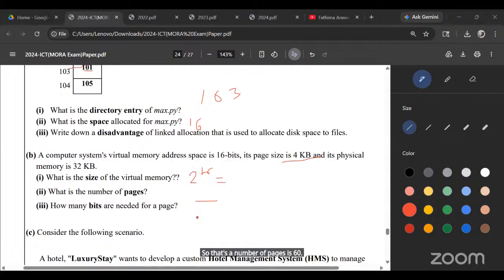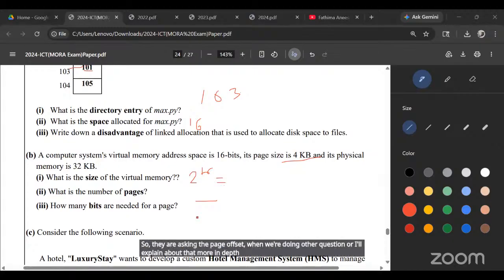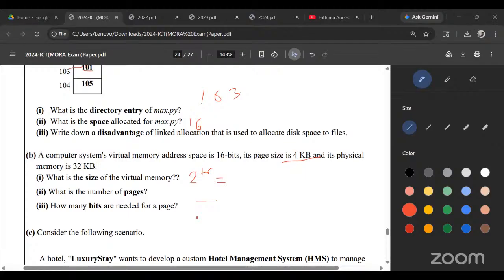How many bits are needed for a page? So they are asking the page offset. When we're doing the other question, I'll explain about that more in depth. So how many bits are needed for this page? How will you find out?